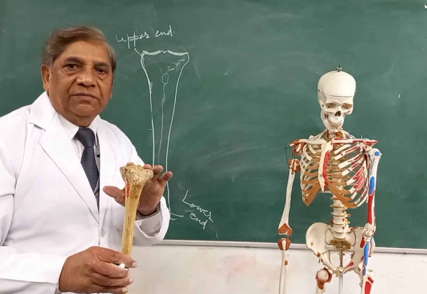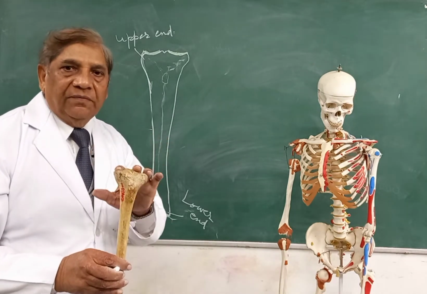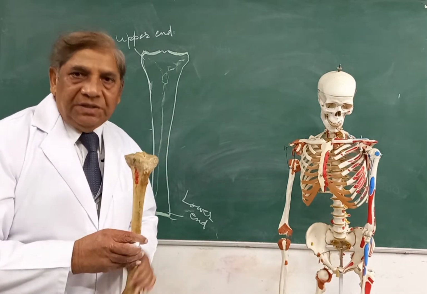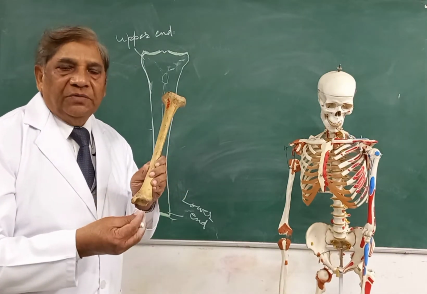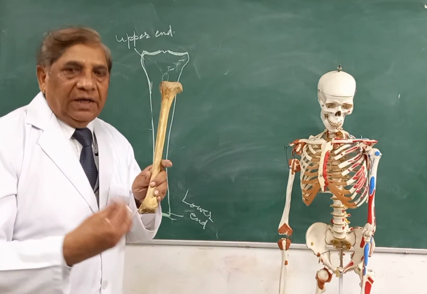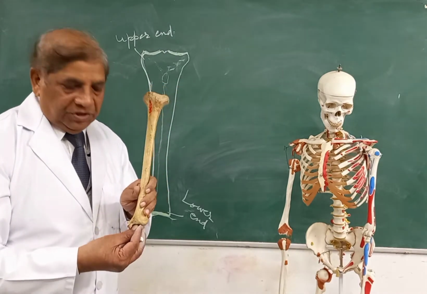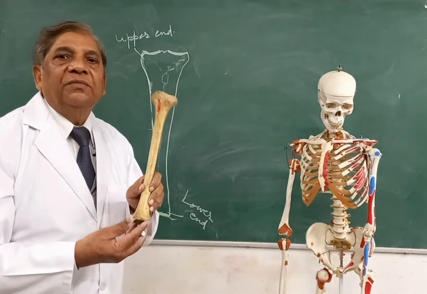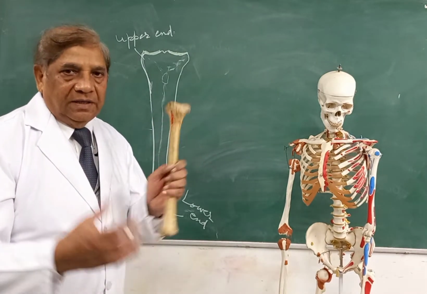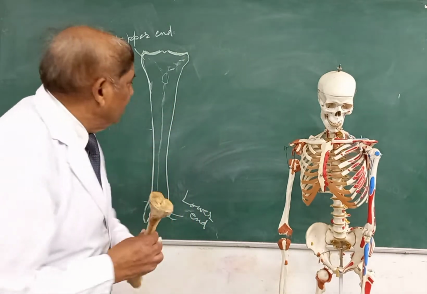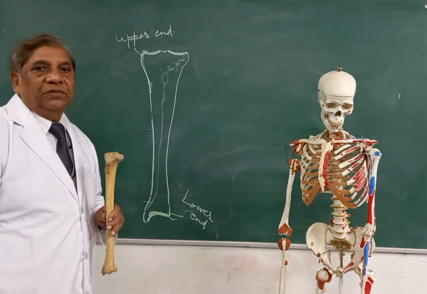So the lower end of the femur and the upper end of the tibia form a joint, what is called the knee joint. Similarly, the lower end of the tibia will form a joint with the talus, which is a bone of the ankle region, or tarsal bone, to form the ankle joint. So the reason why the ends are larger, massive or bony is that they have to form the joint.